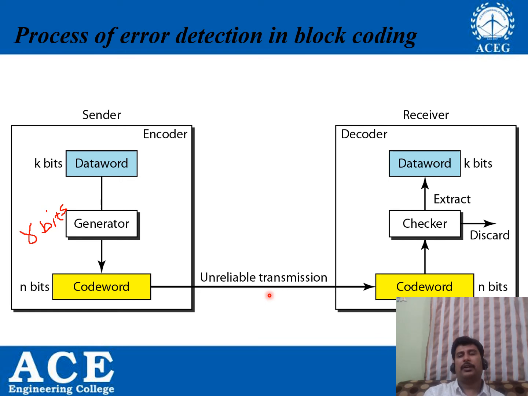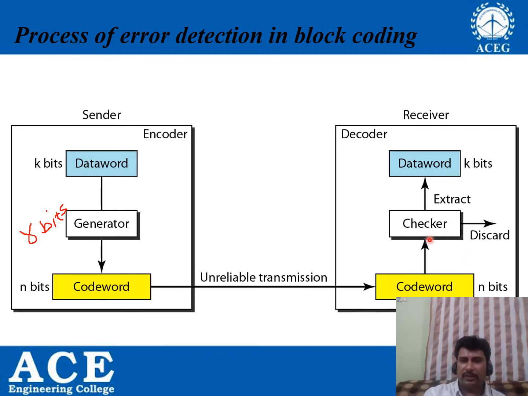At the receiver, the code word which we have received is forwarded to a circuit called the checker circuit. Remember, in error detection we do only one function, which is whether there is an error or not. That is, you will have only two possible answers: error present yes, error present no. So the checker will find whether an error is present or not.